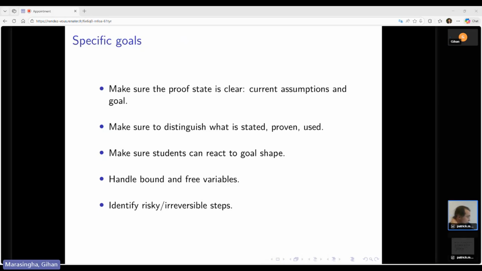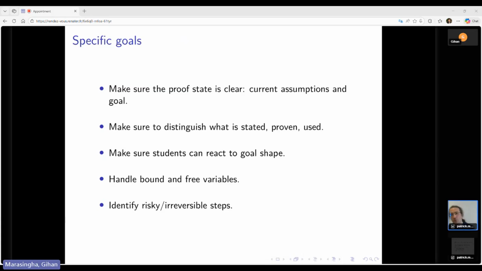And I want students to really distinguish what is stated, what is proven, what is used. It seems obvious, but if you attend a talk by professional mathematicians, they would use the same word. I mean, and I include myself in this. I'm not saying everybody is doing it wrong and I'm doing it right, but when we talk casually, we don't really distinguish claiming there exists an object such that whatever and fixing this object.